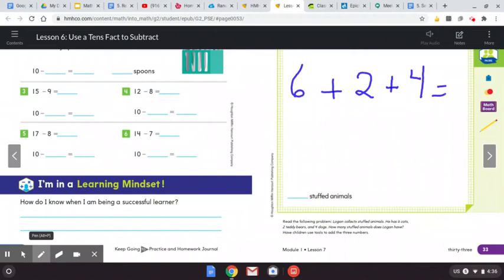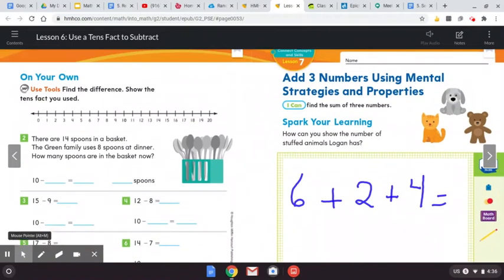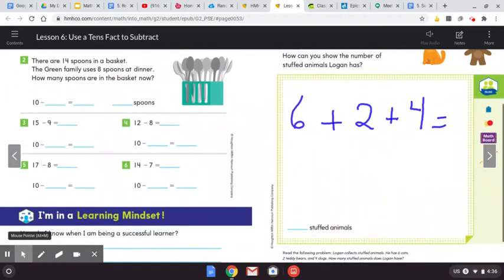So we have 3 add-ins. So in our lesson today, we're talking about 3 add-ins. All right, how can you show the number of stuffed animals? Well, first of all, can you think of how we could group these together? There are lots of different ways.